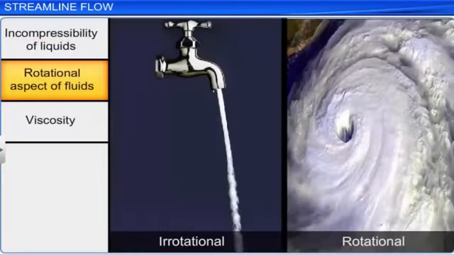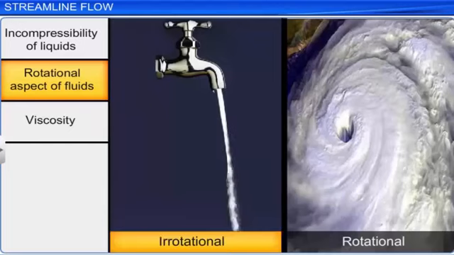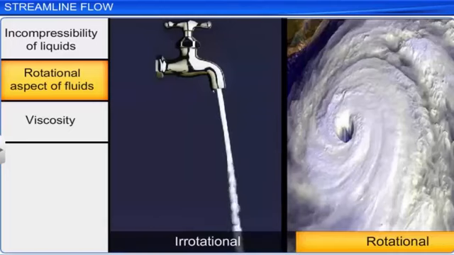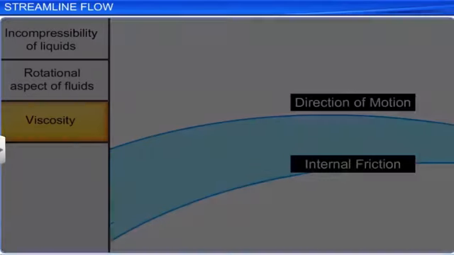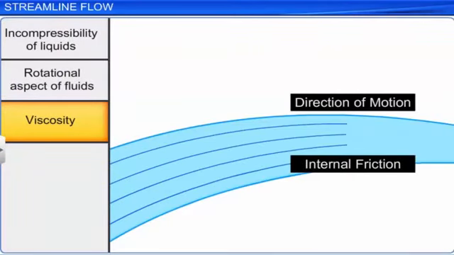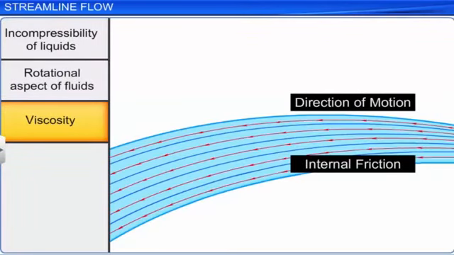When the fluid flow is along a straight line, it is called irrotational, whereas when the fluid swirls, the fluid is called rotational. The viscosity of a fluid is related to the internal friction when a layer of fluid slips over another layer. In a non-viscous liquid, the effect of friction is neglected.